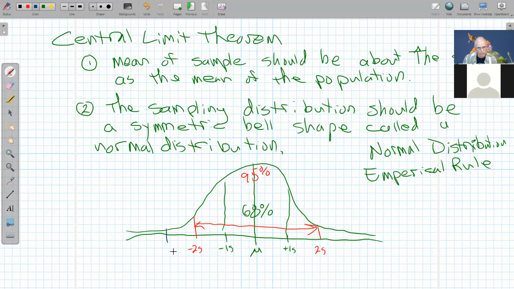So if we were to jump 3 standard deviations on each side, so -3 on that side, +3 on that side, in this range right here, we would expect to find about 99.7% of the data in between there. So if something is normally distributed, then these are what we expect the spread of the graph to look like. If that is the spread, it's a symmetric bell shape, then we say, okay, this is a normal distribution.